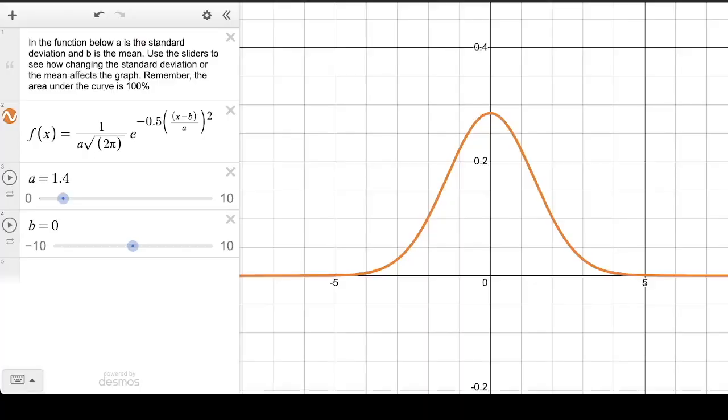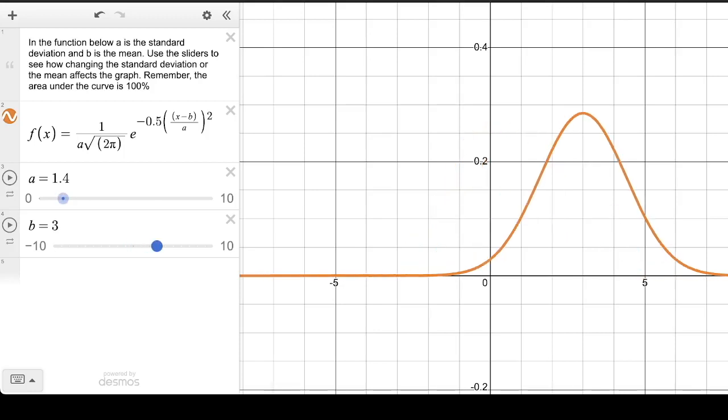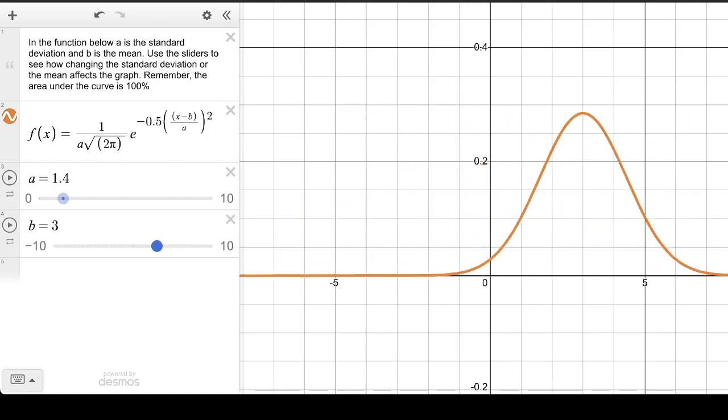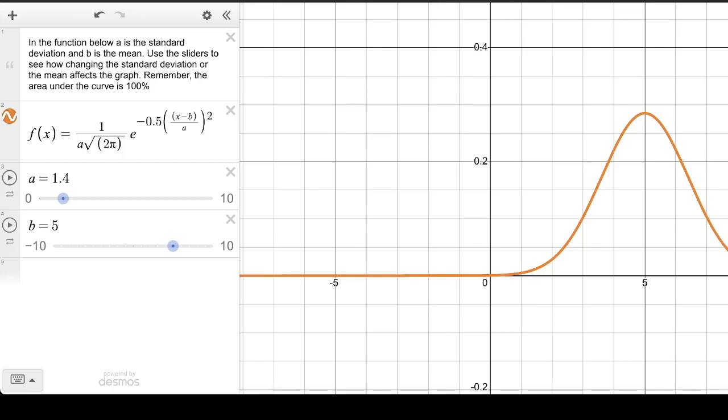So here is this curve, and A is the standard deviation, and B is the mean here. If I change the mean, that changes where this curve is centered. So if I make the mean 5, this will be centered around 5, symmetric around 5. And if I change the standard deviation, that changes how flat or how spread out the curve is.